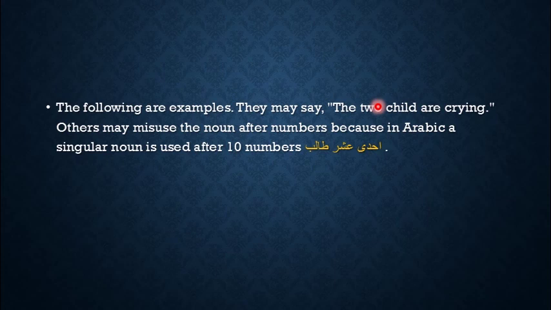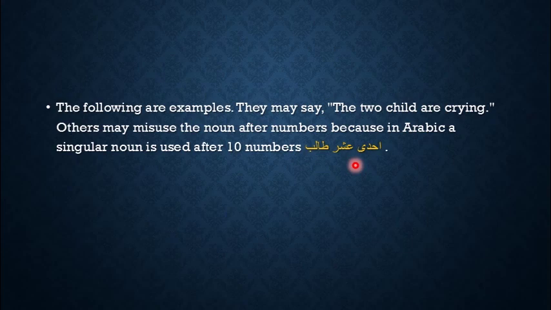Others may use the singular noun after numbers, because in Arabic a singular noun is used after numbers above 10. This is an example here: إحدى عشر طالب. Let's translate this into English. 11 what? Are we going to say 11 student? No, it is 11 students.